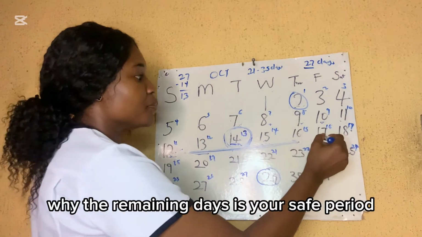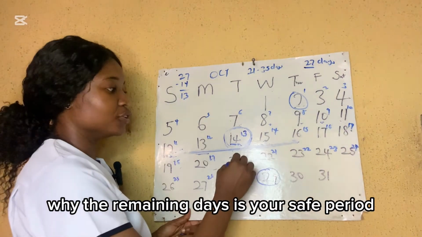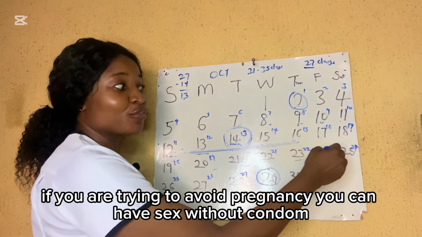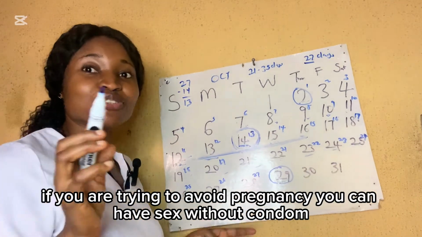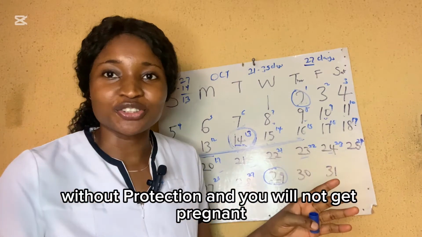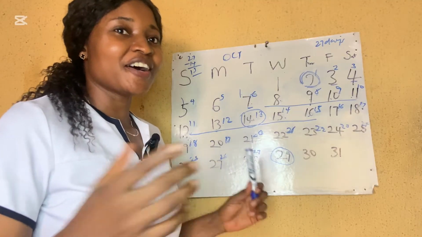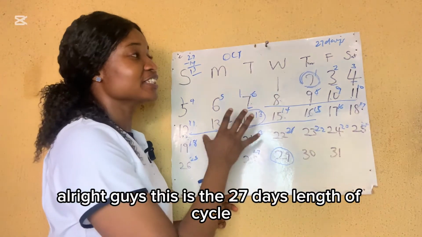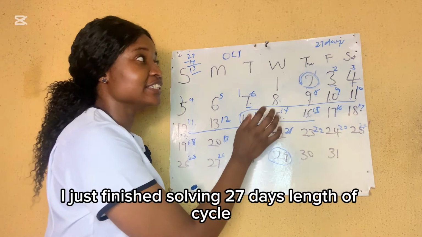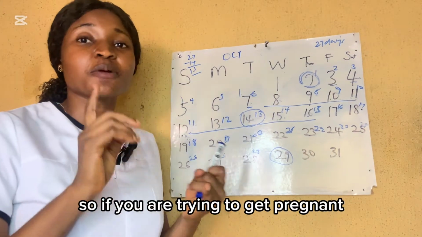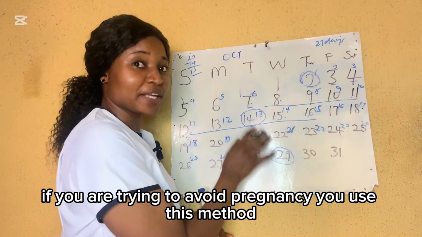The remaining days are your safe period. If you are trying to avoid pregnancy, you can have sex without a condom, without protection, and you will not get pregnant. All right, guys, this is the 27 days length of cycle. I just finished solving the 27 days length of cycle. So whether you are trying to get pregnant or trying to avoid pregnancy, you use this method.